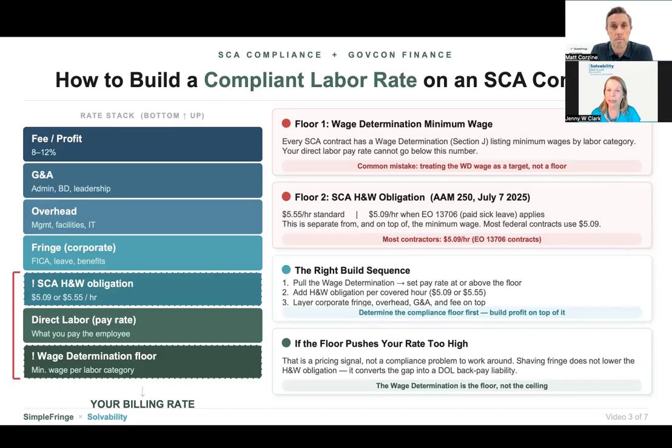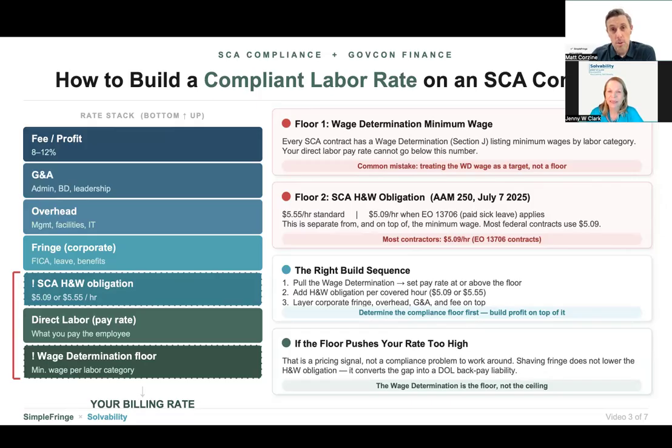And so that really makes it that it's going to be $5.09 an hour, because don't all contracts that are now active include that? Effectively, yes. In fact, there will be a day where that higher fringe rate will not even apply to any contracts, and the DOL will no longer have to publish the higher, non-executive order 13706 rate.